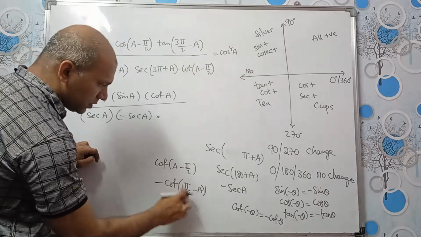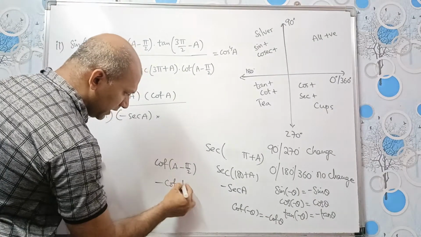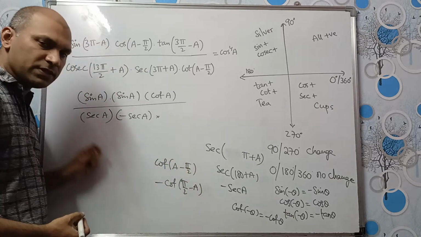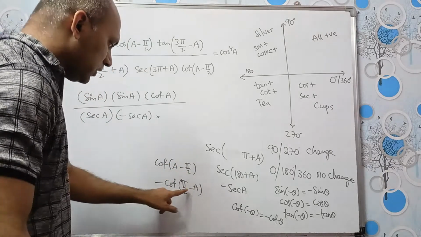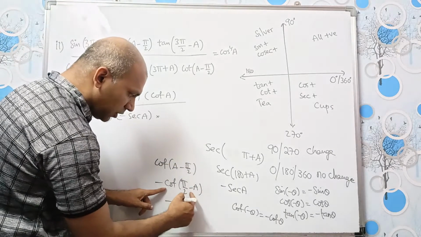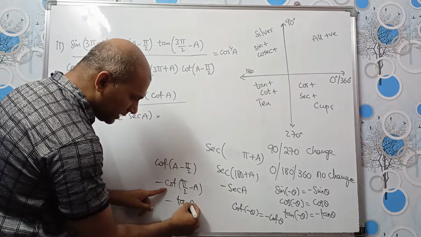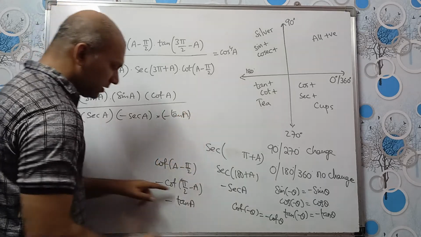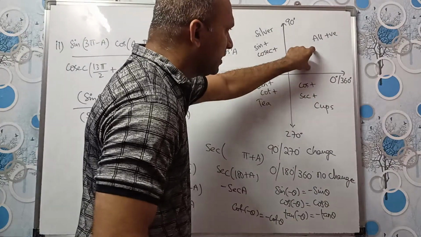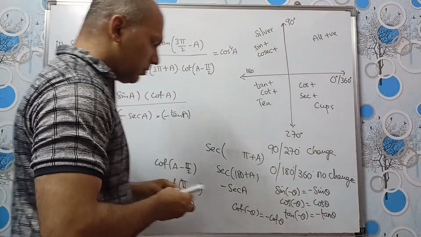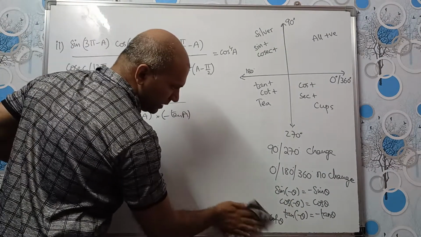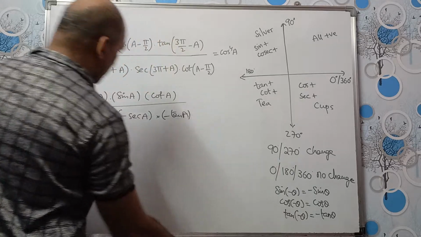So we have minus cot pi by 2 minus a. We change this, so the signs will change, right? Okay, cot 90 minus theta. Cot 90 minus theta is tan theta, right? So it is minus tan theta. 90 minus theta will lie in the first quadrant, and every ratio is positive there, right?